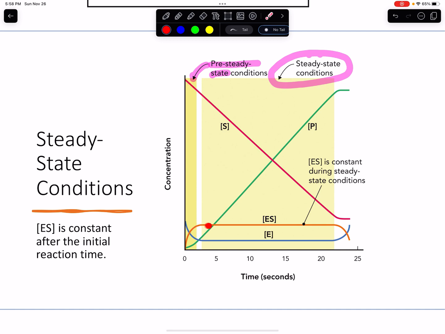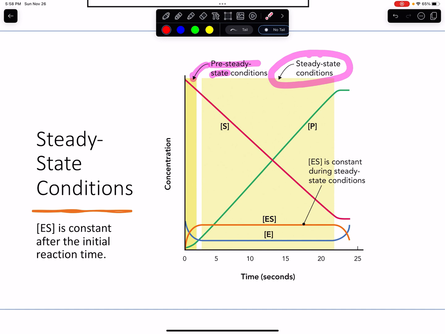If this is concentration, I start with a really high concentration of substrate. Notice that my concentration of enzyme is very low. When my substrate concentration gets to the same point as the enzyme concentration, that's when, as I make product, I will be running out of substrate. When I'm in this region here, I've always got substrate molecules for the enzyme to find.